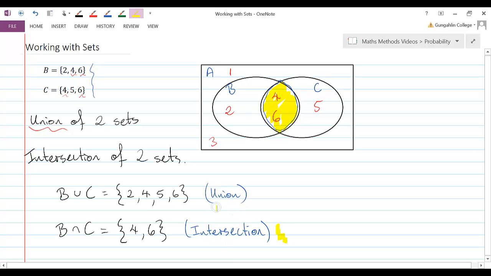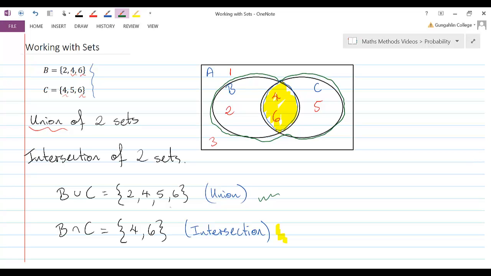If we have a look at what the union is, all of the numbers that are in either of these bubbles, it's a bit harder to mark out, but it would be this whole blob here. The combination of B and C is the union. Okay, 2, 4, 5, 6. Those are the numbers in the union. So these are a couple of important terms that we need to be aware of when we're working with sets.